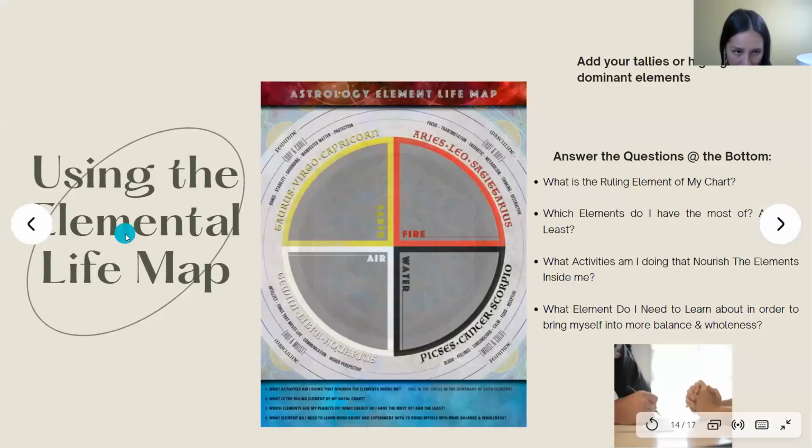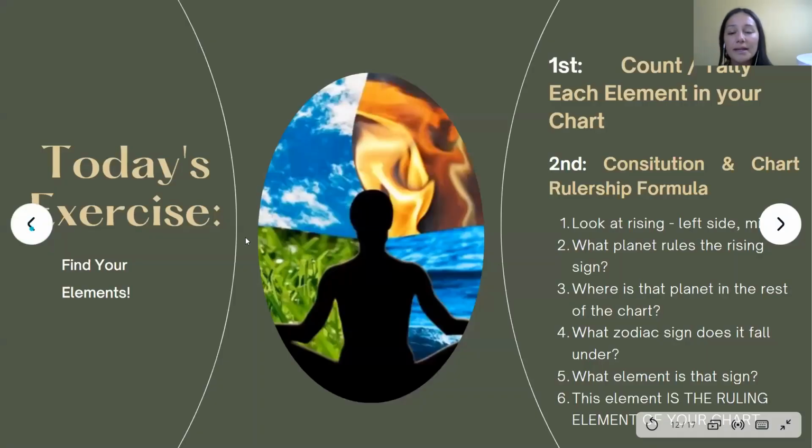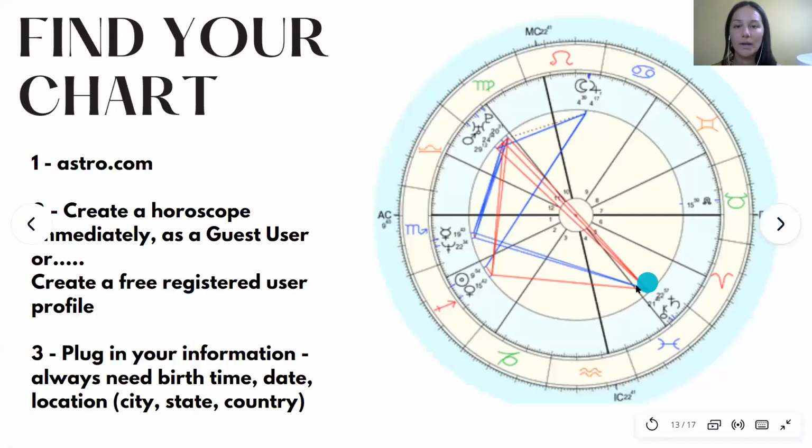Now, the next step. The next step is, what planet rules the rising sign? So we would write here, if we were writing, it is Mars and Pluto. Where is that planet in the rest of the chart? Pluto is right here in Earth. Mars is right here in air.